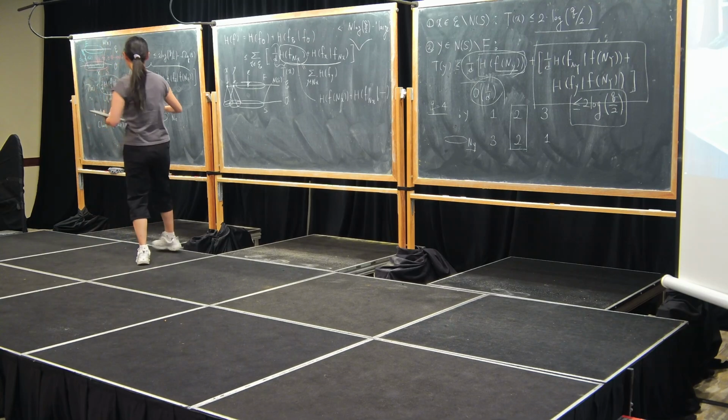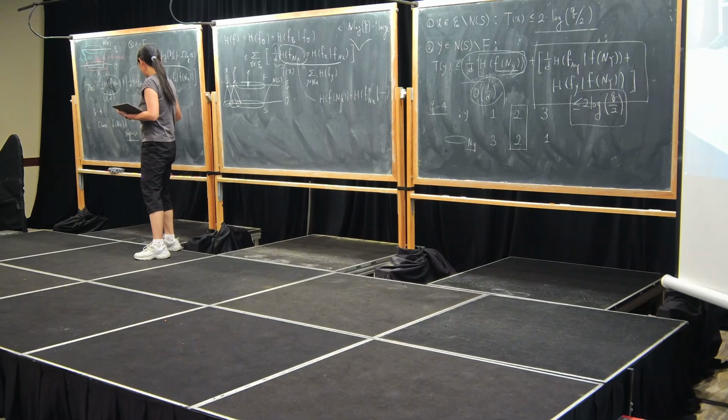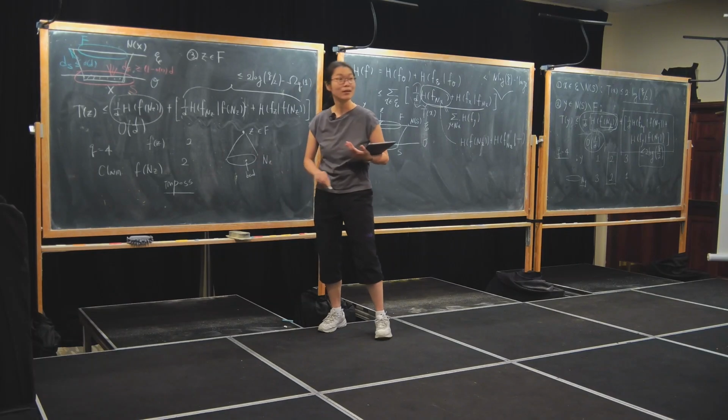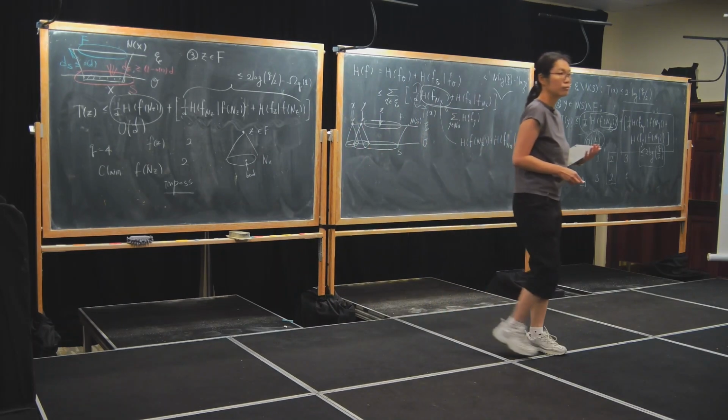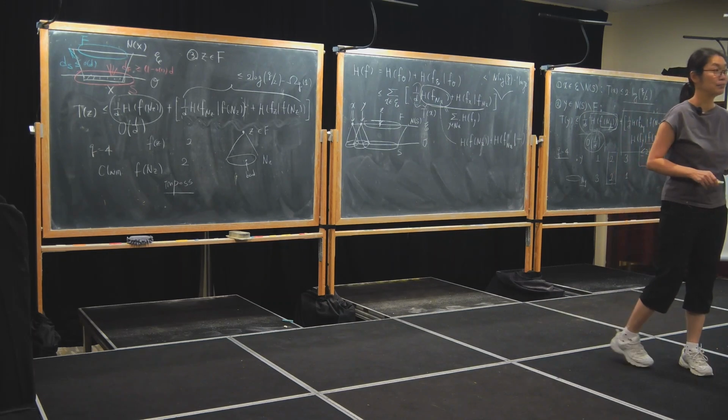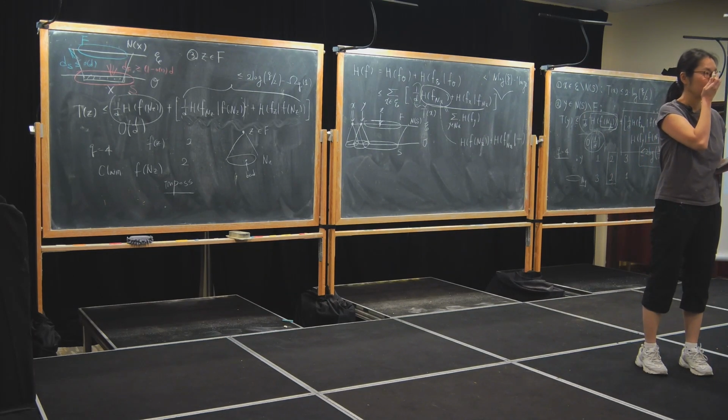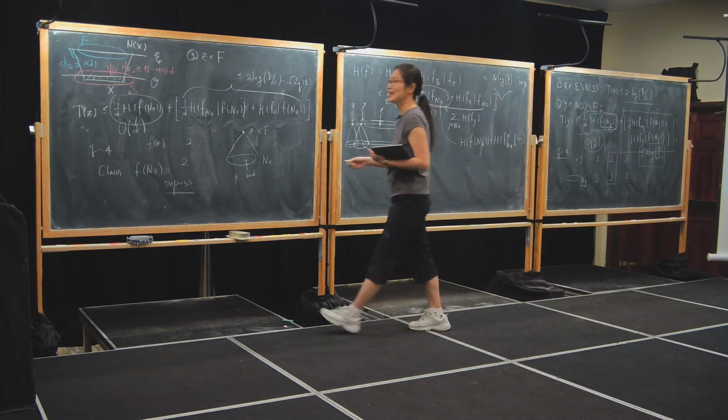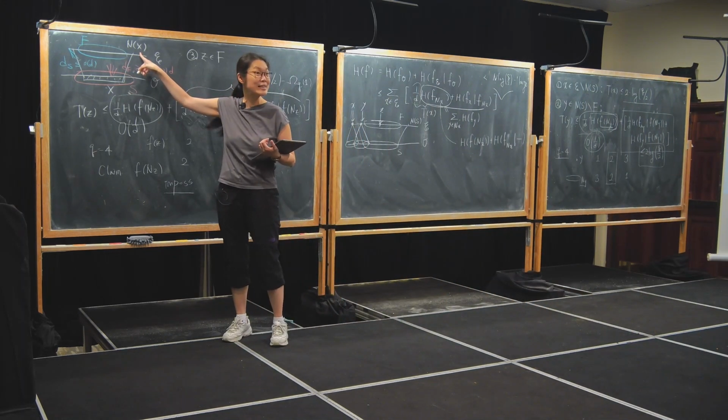Yeah, there must be a flaw here, so it must be bad. Why? We have to use the property of the container. Why? Great, yes. Because F is contained in the neighborhood of X.